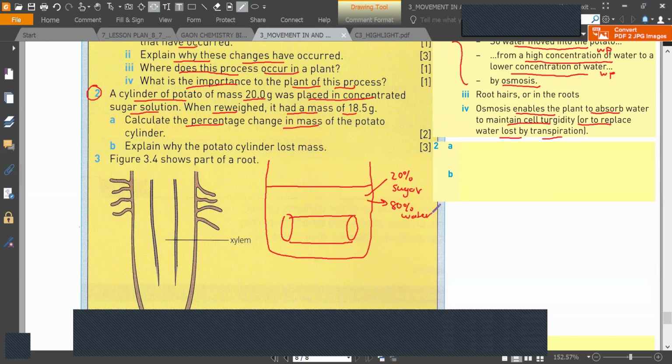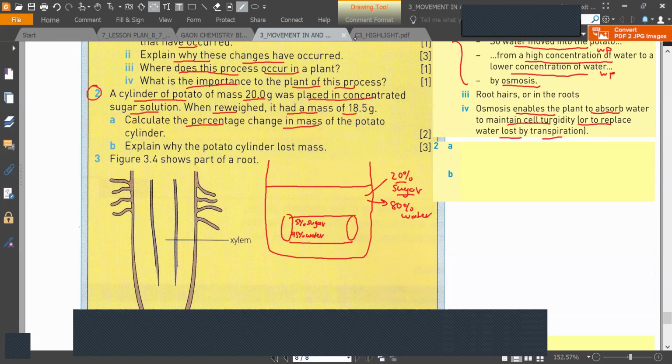Normally inside our cell, we will not have a concentrated solution. Inside our cell is maybe like 3 or 5%. So let's say this is 5% sugar, 95% water, for example.